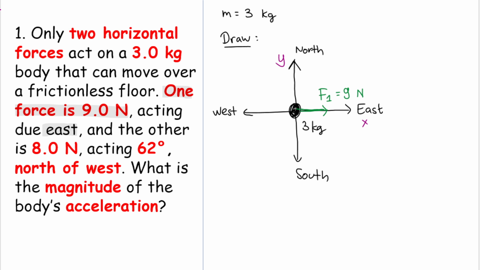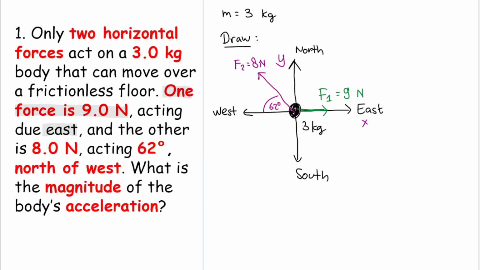So we need to get 62 degrees north of it. So we will have some angle here which is 62 degrees, and the force acting there like this, right? So we will have our F2 here, and that will be 8 Newton.